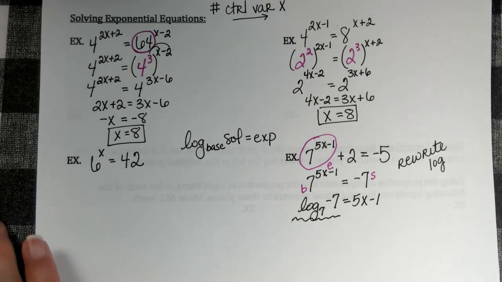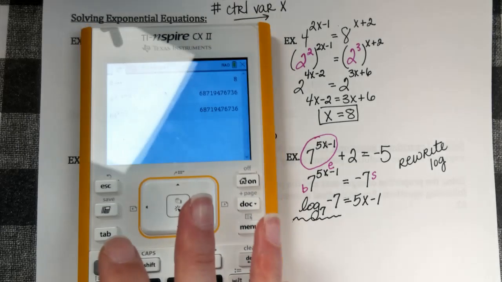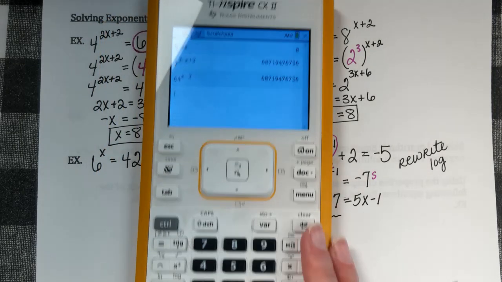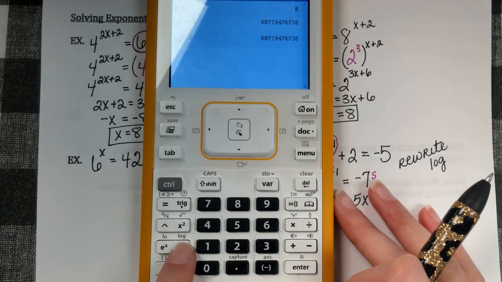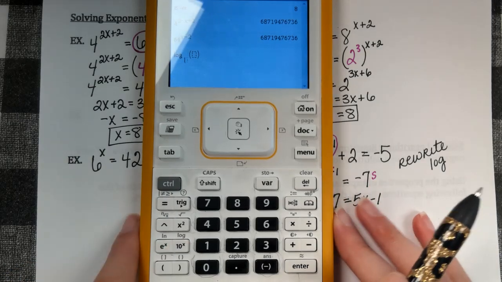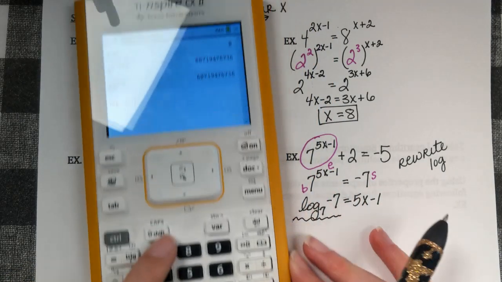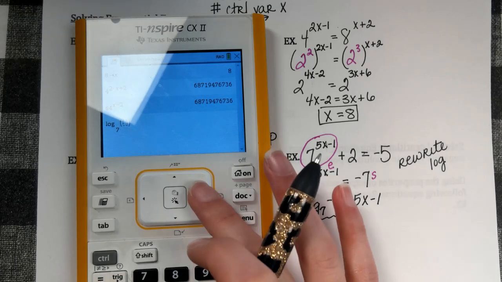When I do that, in my Inspire, if you look at the buttons to the left of 1, that is your natural log and log button. Okay, so I'm going to do control log. And I've got log base 7 of negative 7.